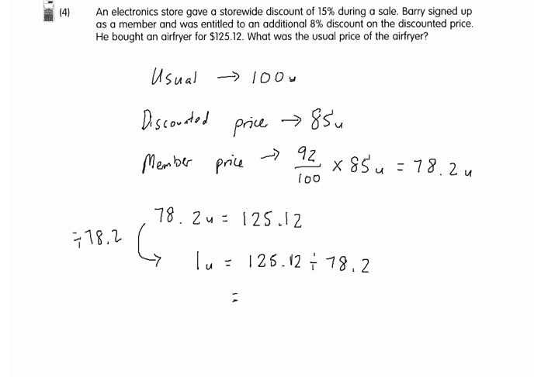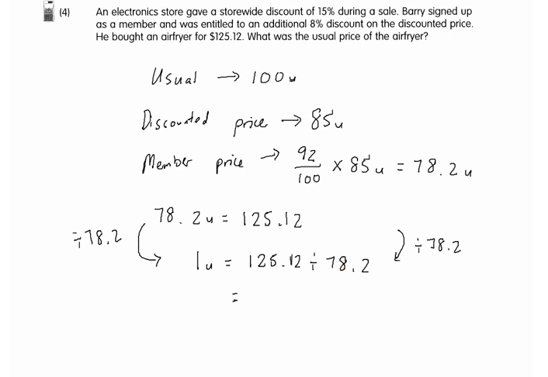Because 78.2 divided by 78.2, I will get 1, right? Since on the left hand side, I divide by 78.2 to make them equal, the right hand side, I must also divide by 78.2, which is what I'm trying to do here. Yes or no?